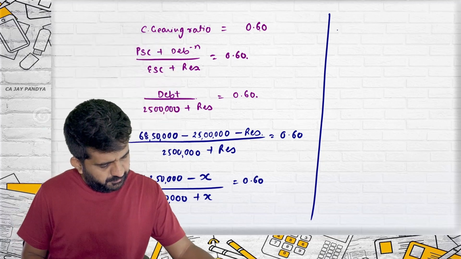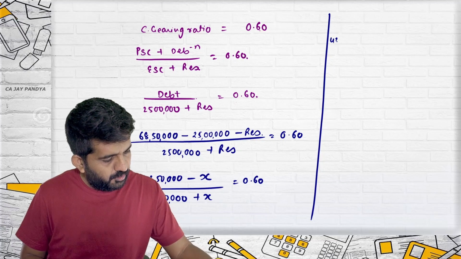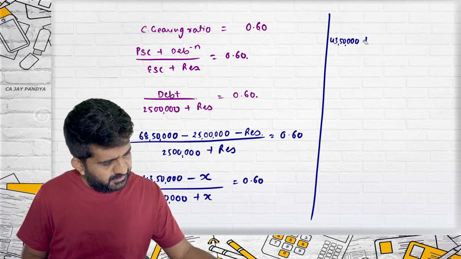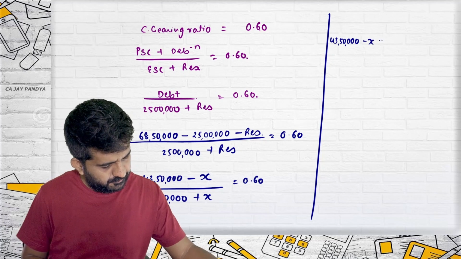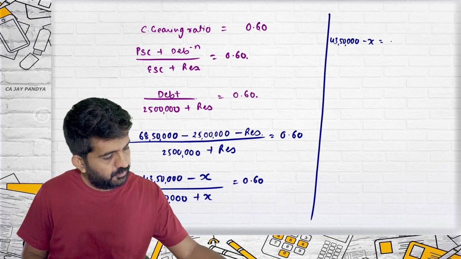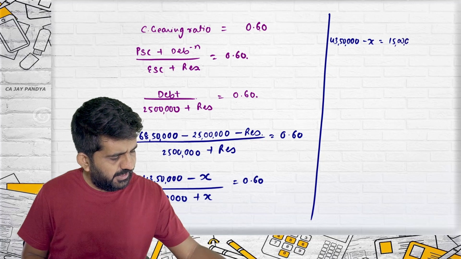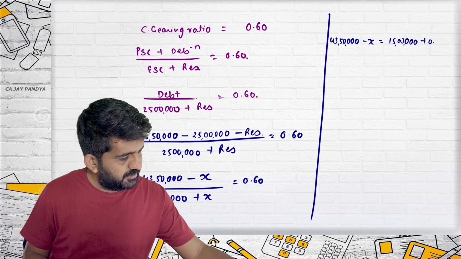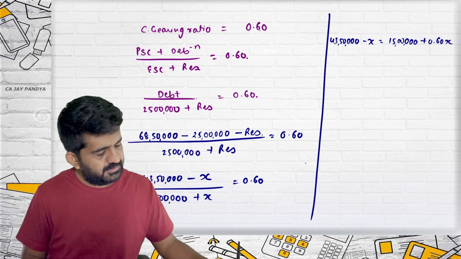So this will be 43,50,000 minus X is equal to 15 lakhs plus 0.6X.